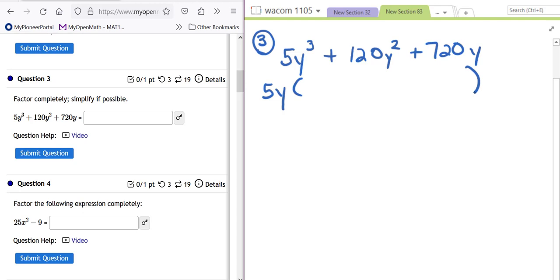Remember, one big set of parentheses. All right, to get back there, we are missing a y squared. And 5 into 12 would go 1. So 14.